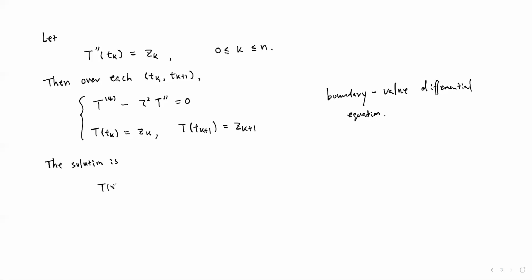T of x, of course x is in this interval, is equal to ck. We don't know ck yet. Then times sinh. This is a hyperbolic function. The definition of sinh x is e^x minus e^(-x) over 2.